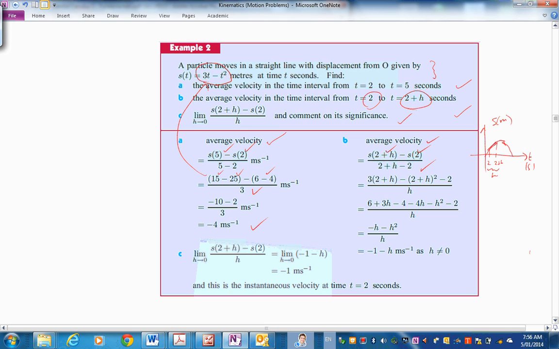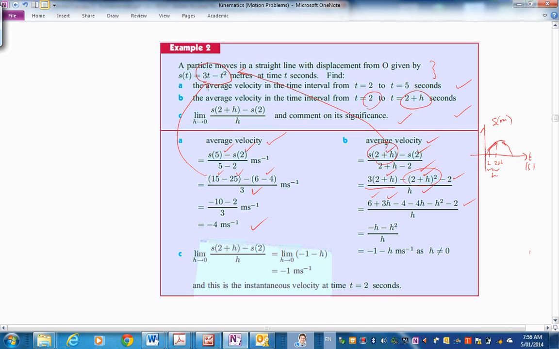So we have to put 2 plus h back in our function. So it's 3 times 2 plus h, take 2 plus h squared, and then putting 2 into our function, which we calculated before. Okay, all over h. And so doing the algebra on that, just expanding this bracket. First of all, let's multiply these out.